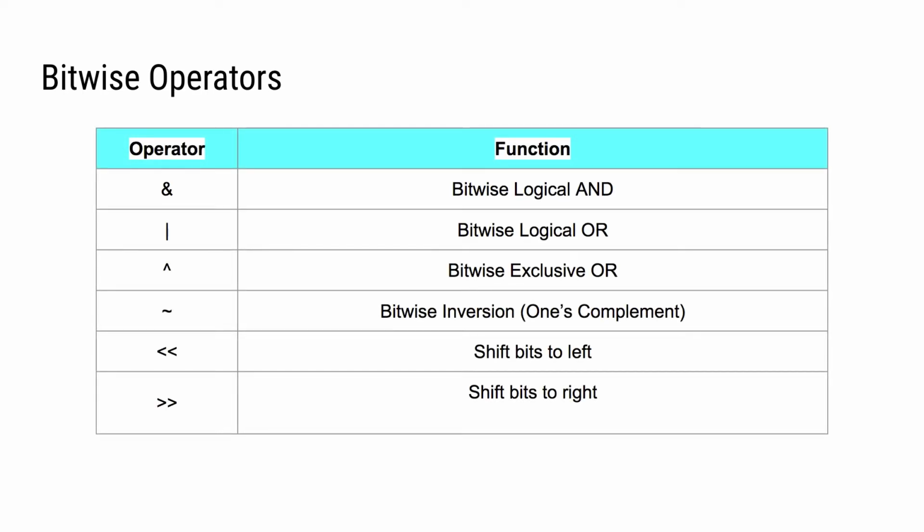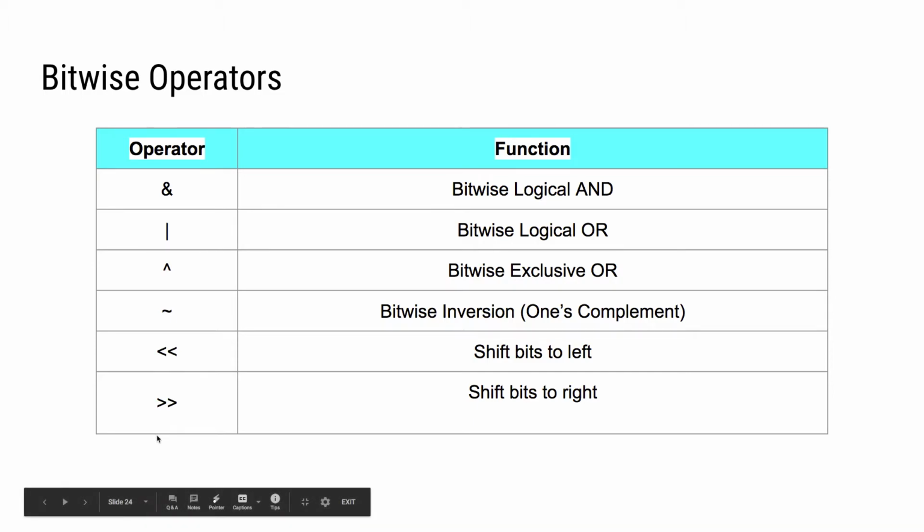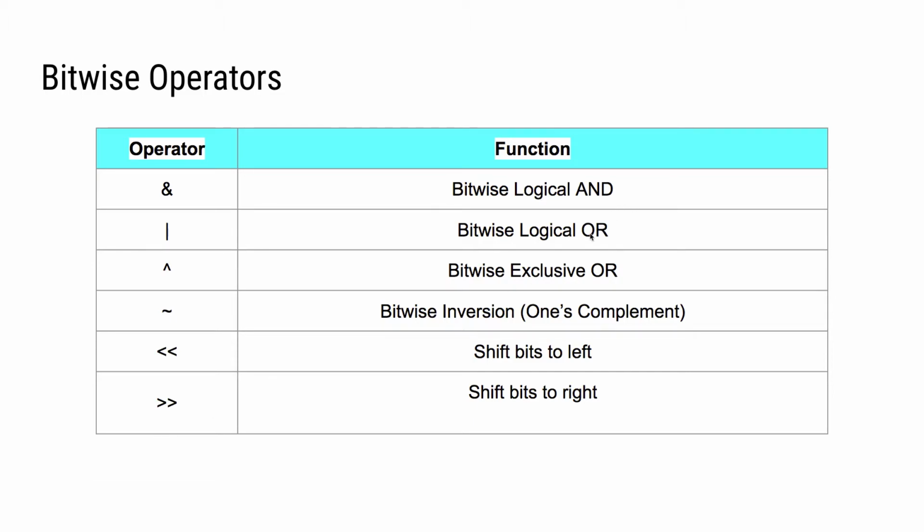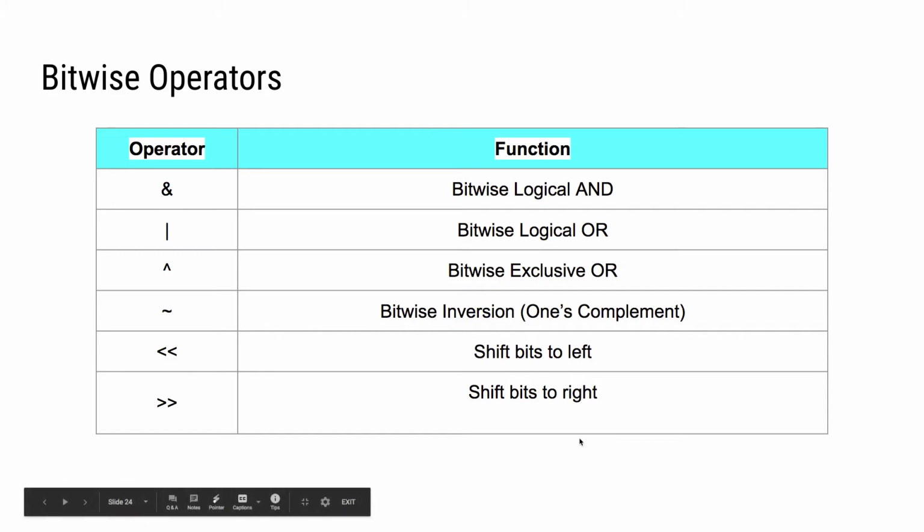Next is bitwise operator. Bitwise operation operates on one or more bit patterns or binary numerals at the level of their individual bits. These are the bitwise operators: bitwise logical AND, logical OR, bitwise exclusive OR, bitwise inversion or 1's complement, shift bits to left, shift bits to right.